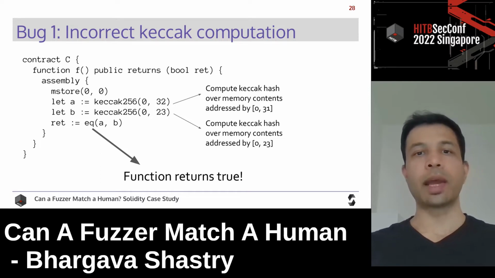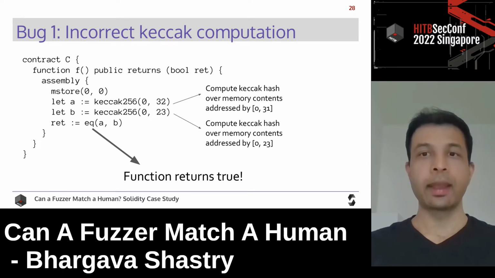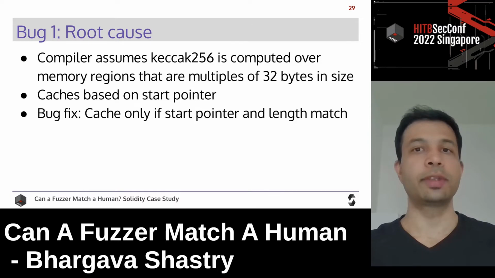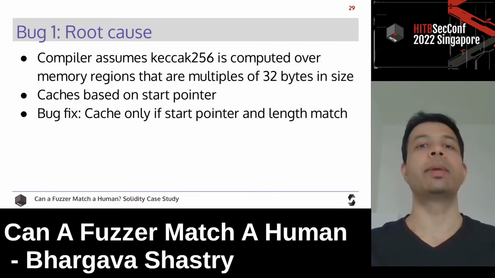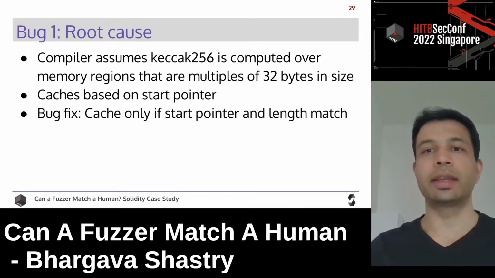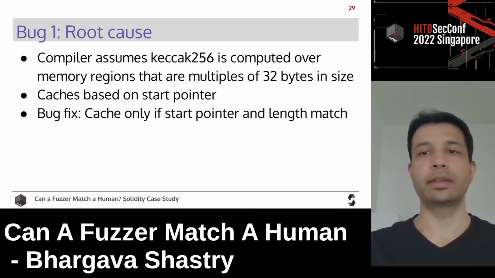What actually used to happen, and this is the buggy execution, was that the function used to return true. And this was because the compiler assumed that keccak 256 is always computed over memory regions that are multiples of 32 bytes in size. That is 32, 64, 128, 96, so on and so forth.